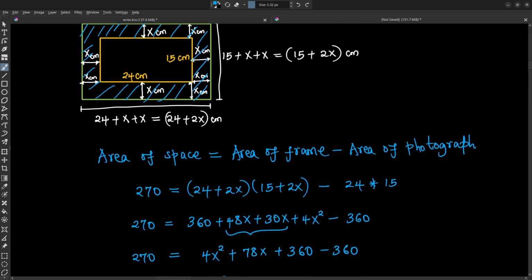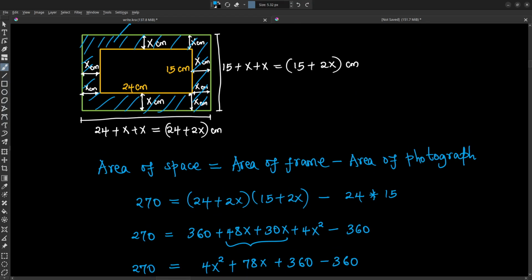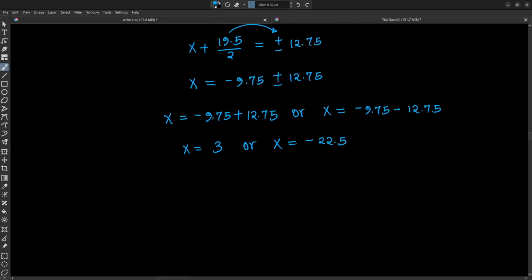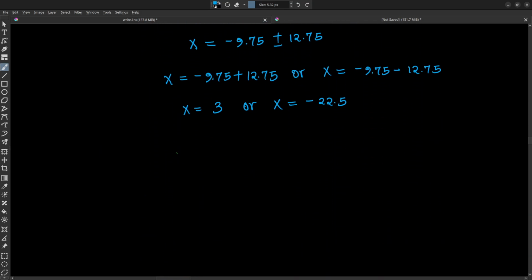Okay, let's scroll upwards. What was x? x was the space between one length and the other, the length of the photograph and the length of the frame. So x is width, right? Width cannot be negative, right? Or length, whichever you prefer. Actually, let's go with length. So length cannot be negative, right?